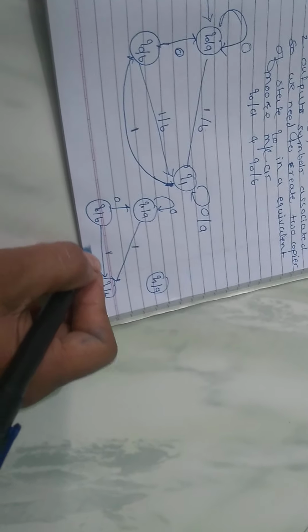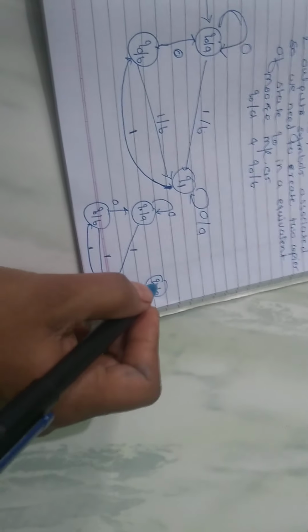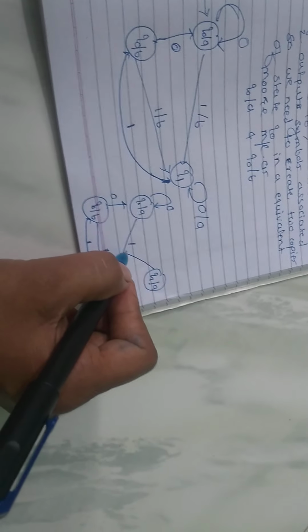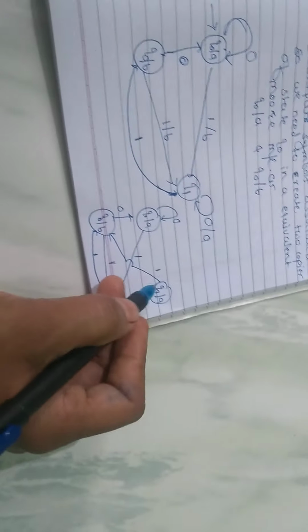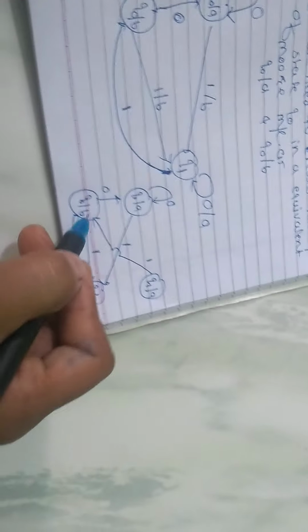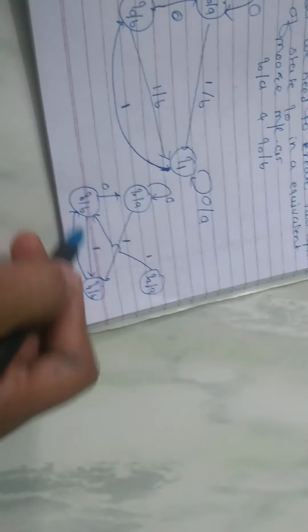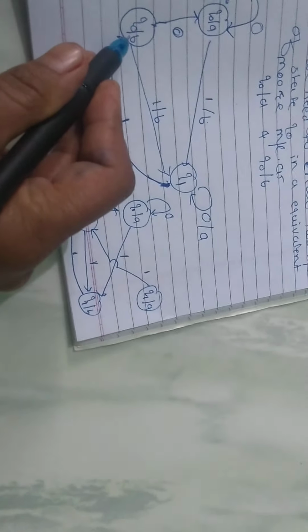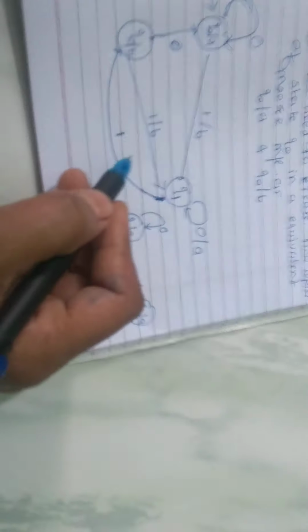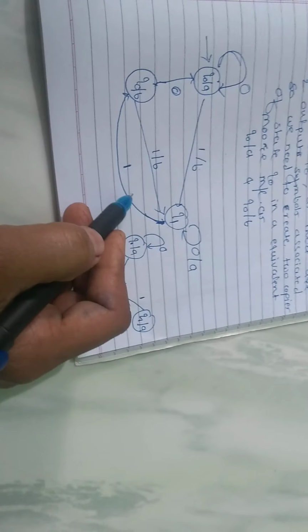This is one copy, Q0 oblique B, and this is the other. We have drawn it from both copies of the source state towards the state Q0 oblique B. Now we have finished this one.